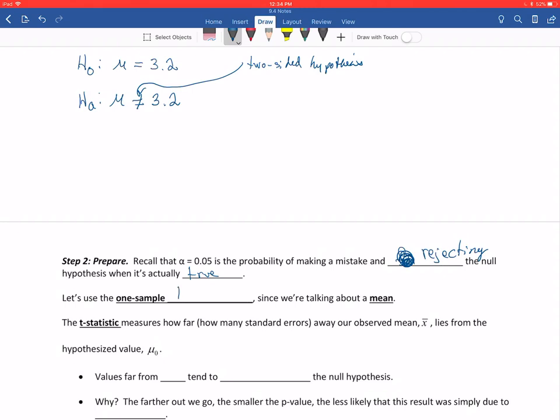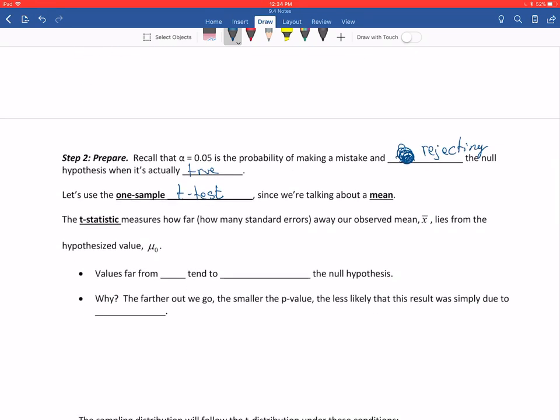We're going to use the one sample t-test because we're talking about a mean, and we're going to use the t statistic. So instead of calculating a z like we did back in chapter 8, we're now going to calculate a t value. It still tells us the same thing: how far away what we observed is from the mean. Values far from 0 tend to discredit the null. Why?